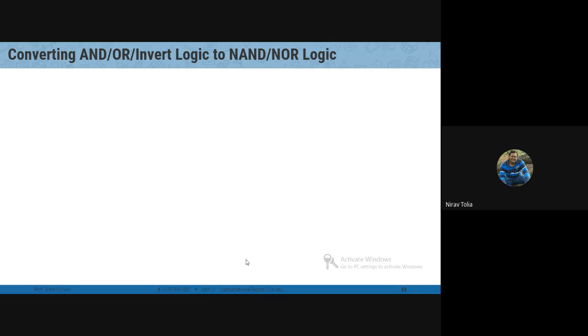You draw the function by using AOI logic, and after that you have to convert that AOI logic into either NAND logic or NOR logic. So that's why we have to learn this topic.